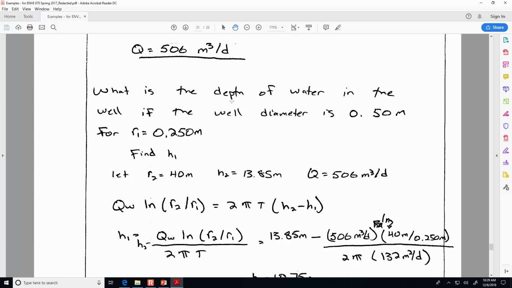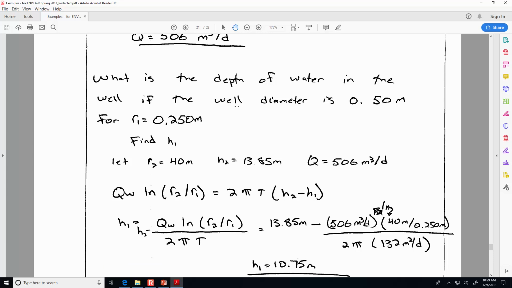Turns out that the water depth at the well should be 10.75 meters when the flow rate is 506 and all the other parameters described. So you can see how if we increase the flow rate, then the water depth at the well will get lower. You can use either monitoring well.